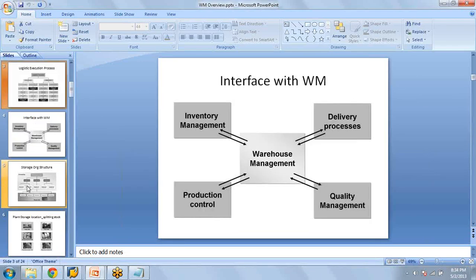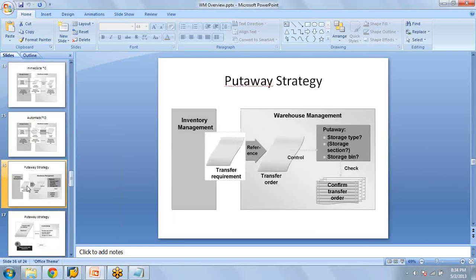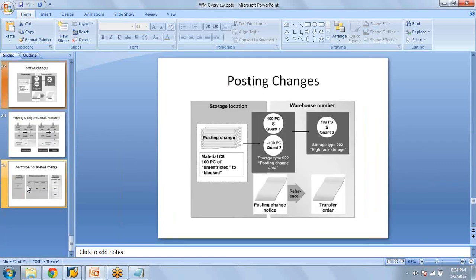When you are procuring some material, you do the GR, and a TR is created. With respect to that, you create one transfer order to move that goods to the warehouse storage location, storage bin.